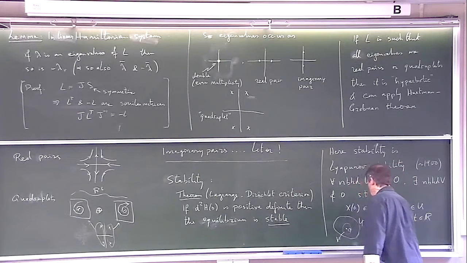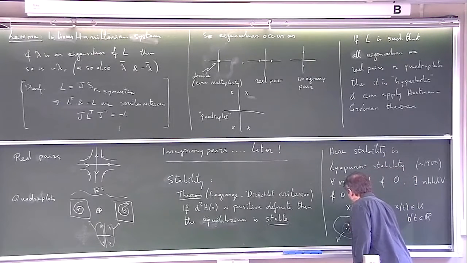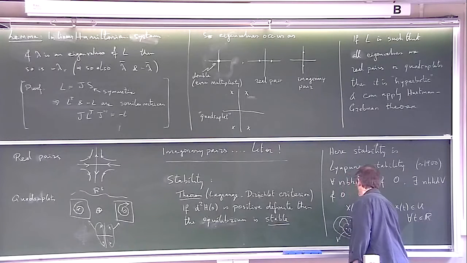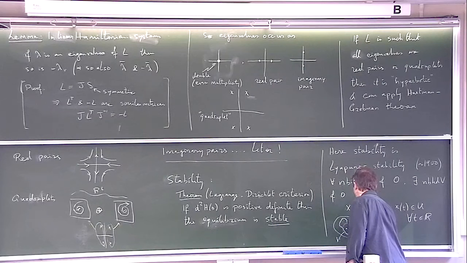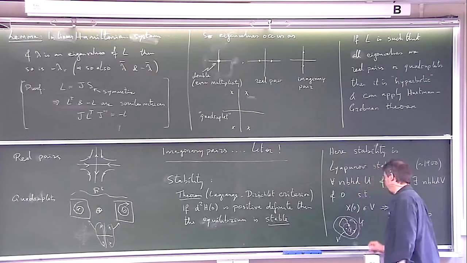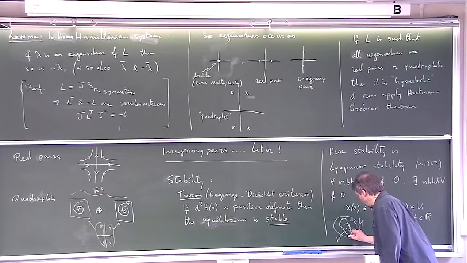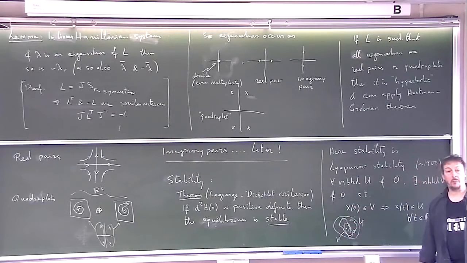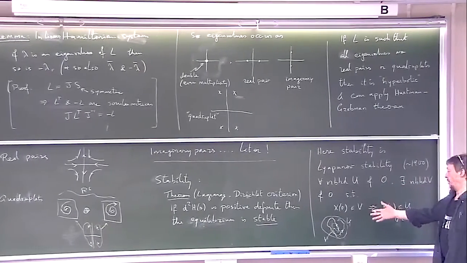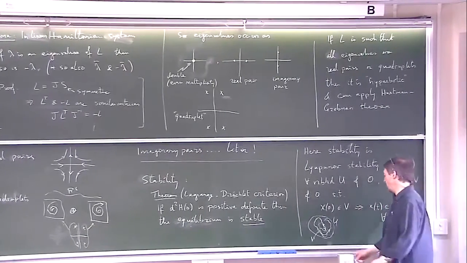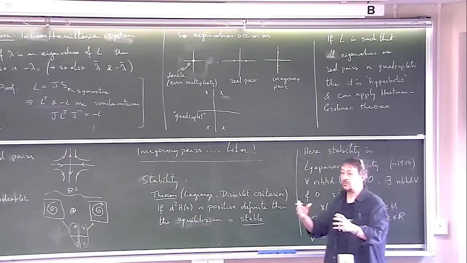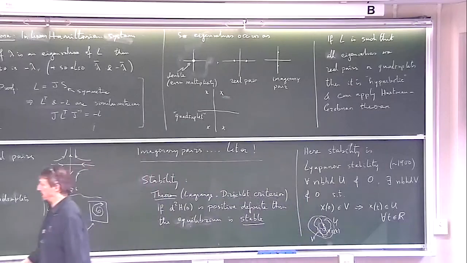In many cases it's equal, but not always. So it might be some complicated motion. This is not a picture in the plane. This is in Rn. So if you start close, you can't go far away. That's the idea.